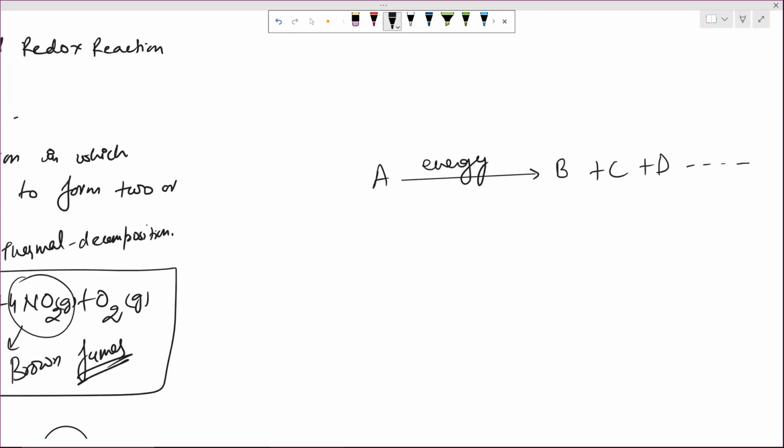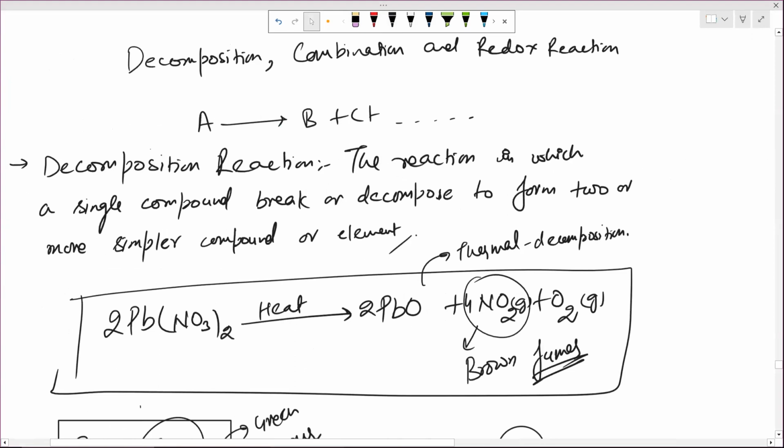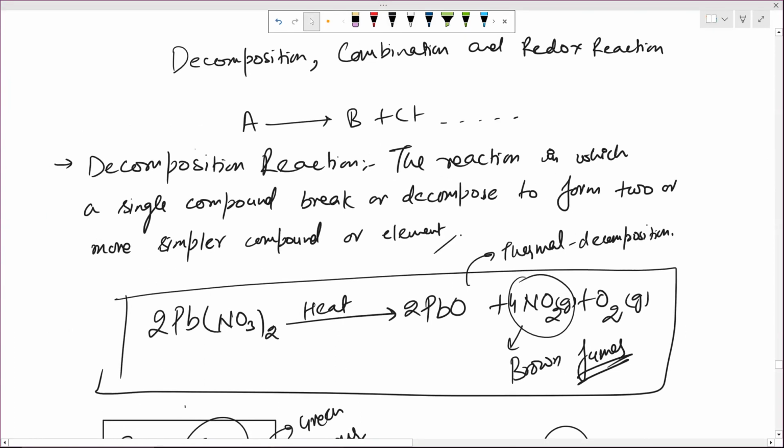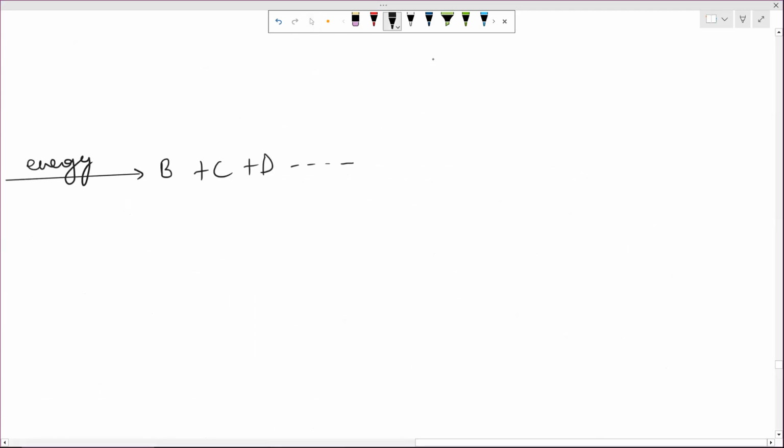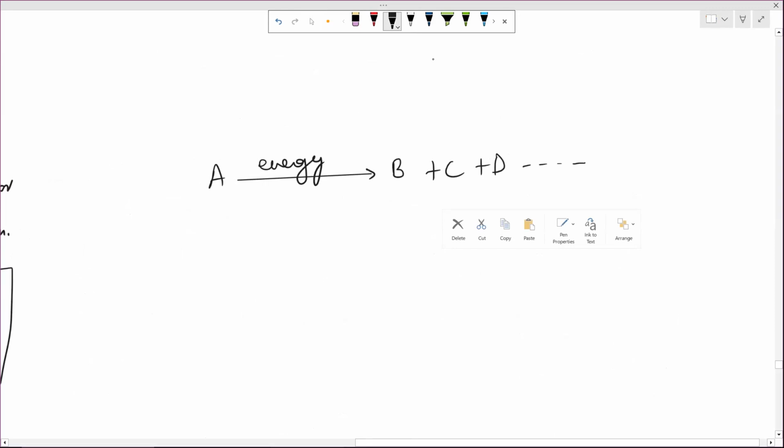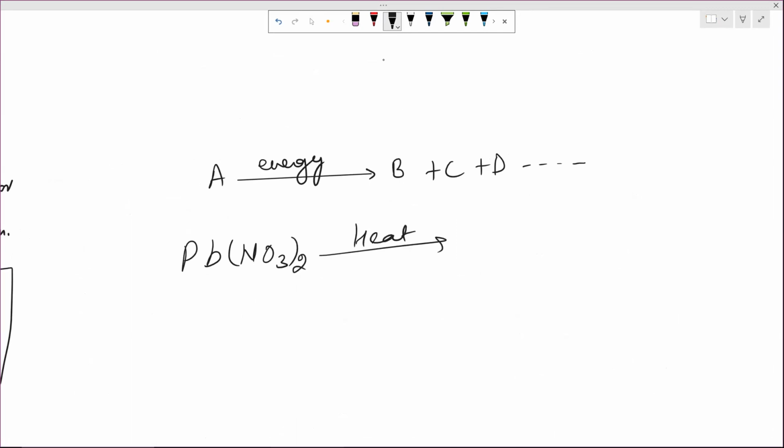So, for example, when lead nitrate, Pb(NO3)2, is heated, it decomposes to PbO plus NO2 plus O2.